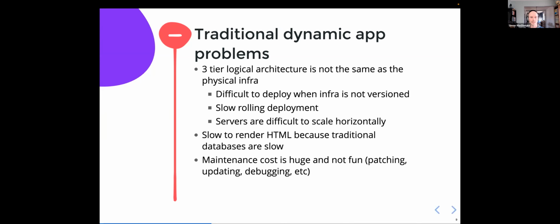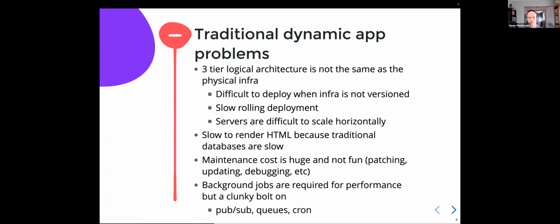And if you need to add any additional functionality that's not part of the MVC, like background jobs, it's a clunky bolt-on. So these bits of functionality are not automatically added into the platform. So if you're doing kind of a cron job or you have some sort of pub sub or queue mechanism, you have to add additional things that may be coming from a whole bunch of different providers. So you're stitching them together.